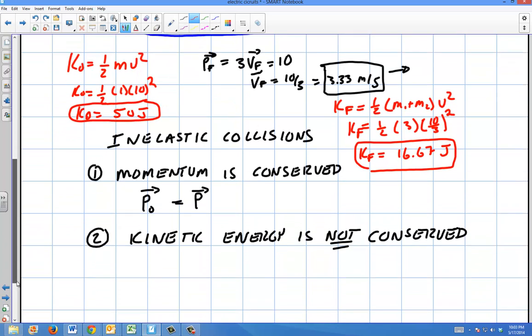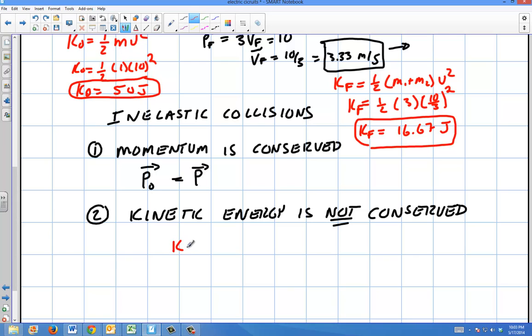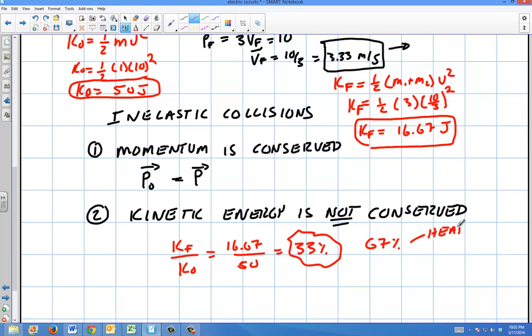Well, if I took the ratio of the final over the initial, that ratio is going to be 16.67 over 50. So I only kept about 33% of my energy. Okay, so where did the other 67% go? It went two places. It went to heat and it went to sound.